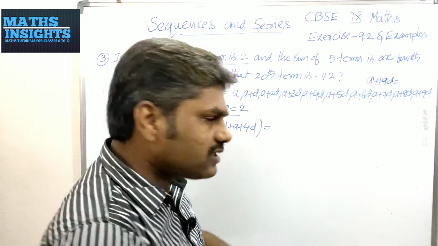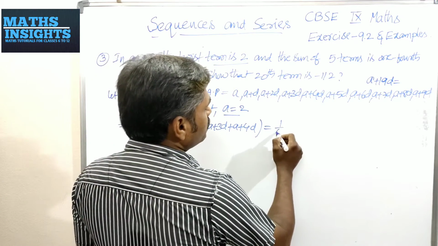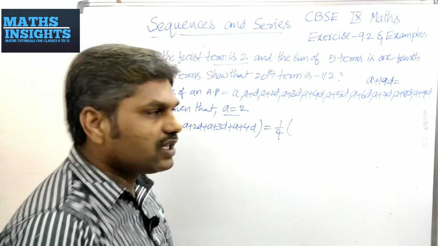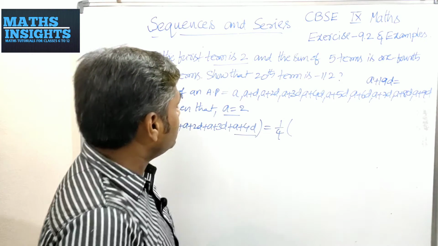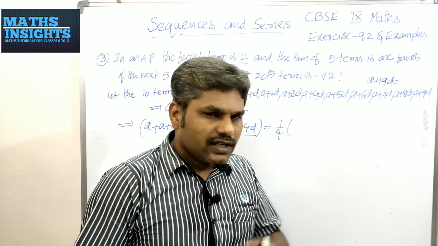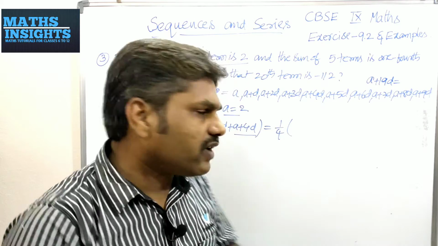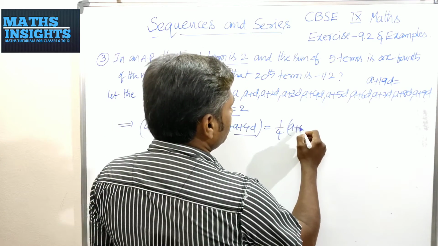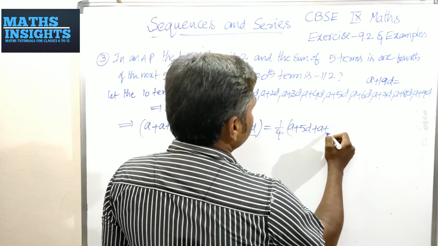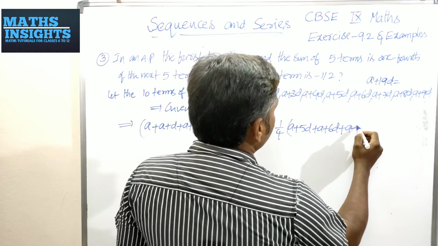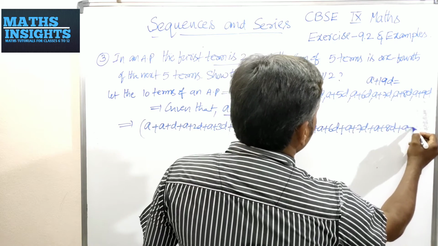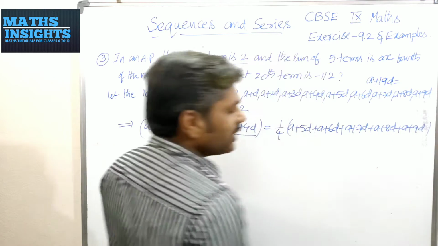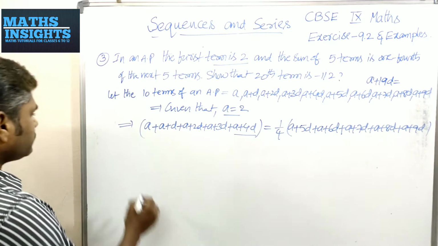This sum is equal to 1/4 into the sum of the next 5 terms. See, when you are ending with a plus 4d, you will start with a plus 5d, plus a plus 6d plus a plus 7d plus a plus 8d plus a plus 9d. Right, my dear students?